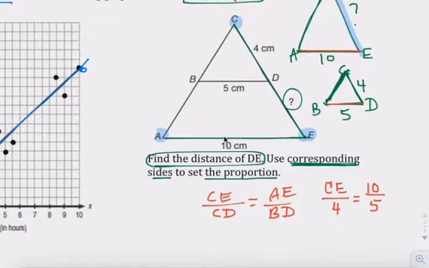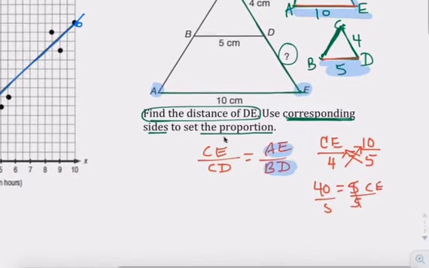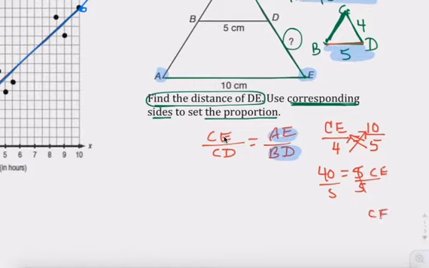So AE 10, BD 5. Okay? Cross multiply. So you get 40 equals 5 CE. Divide by 5, divide by 5. CE equals 8.